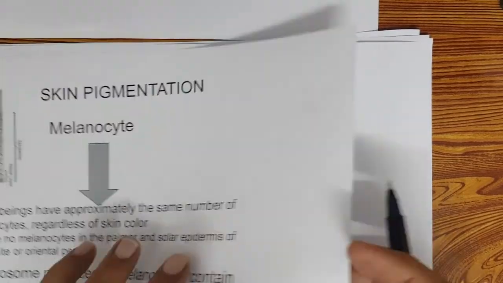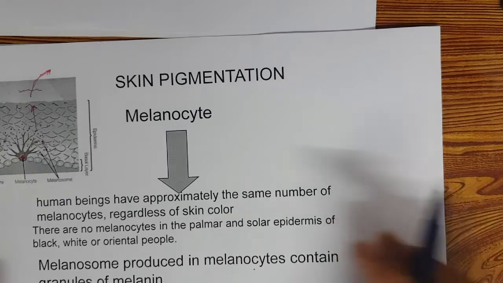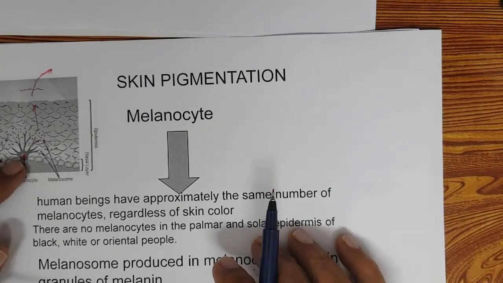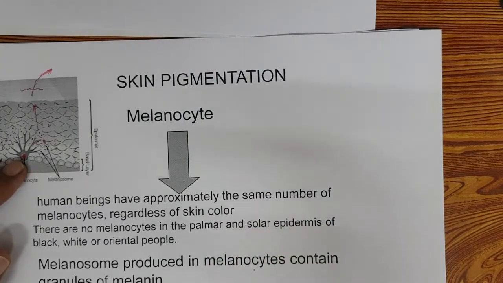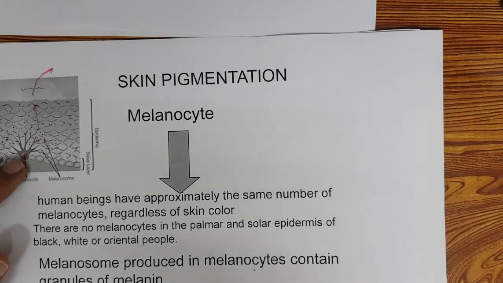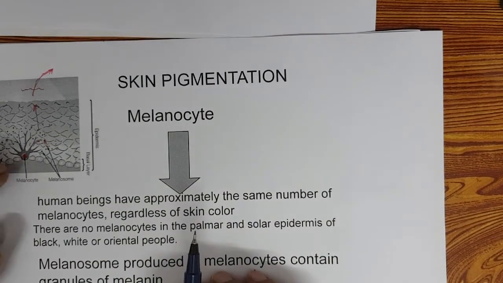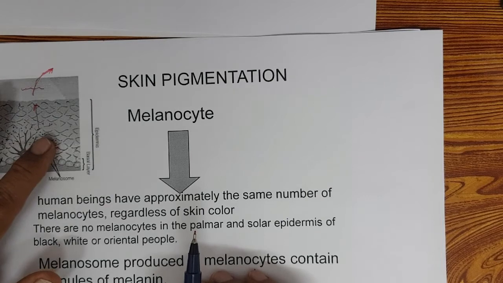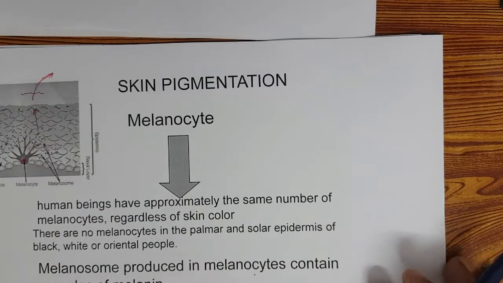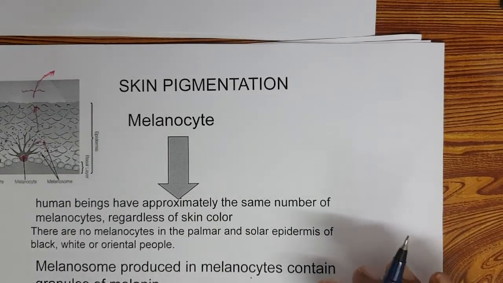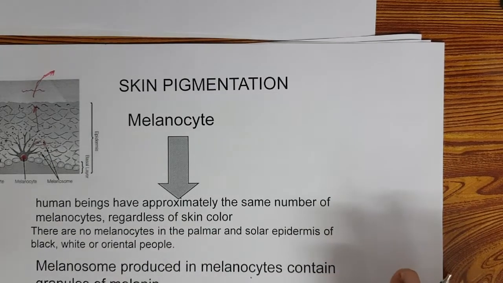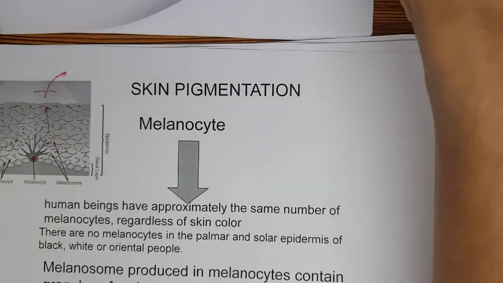The melanocytes are the cells that produce melanin. That melanin is present in melanosomes. The melanin itself is not transferred; the melanosome is transferred from melanocyte to keratinocytes, right? The major trigger for this transfer is sunlight. There are other factors, but the major trigger is sunlight.